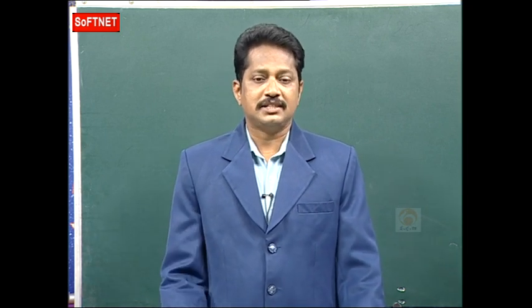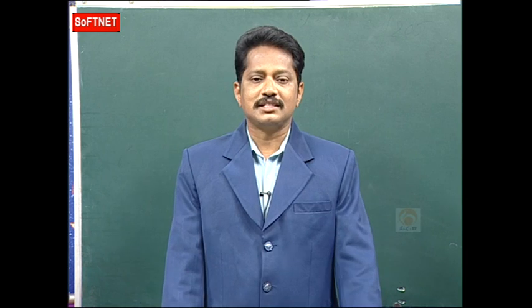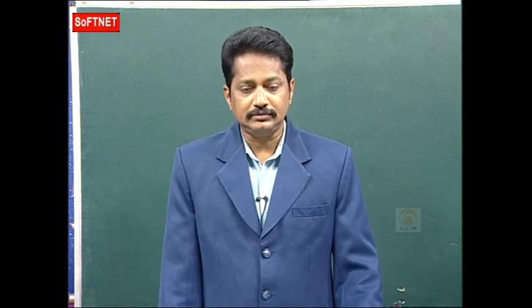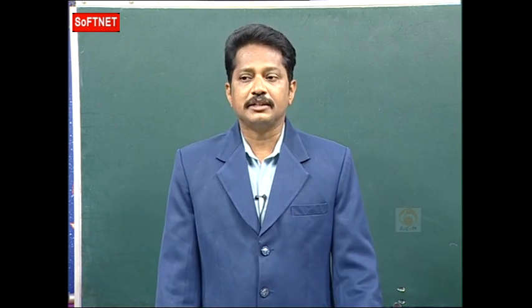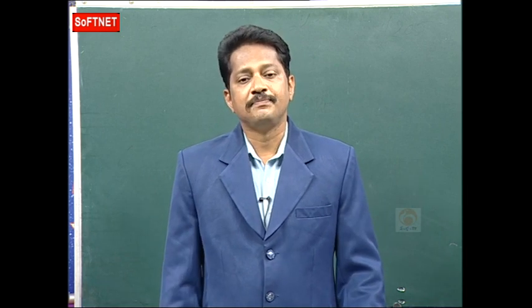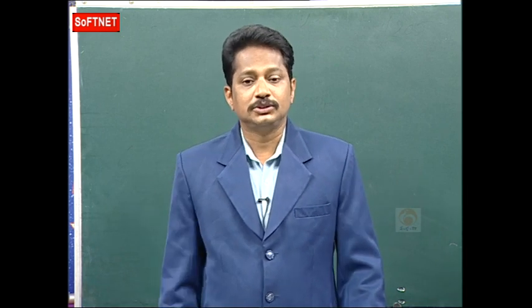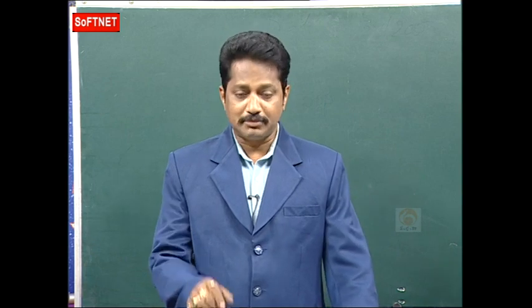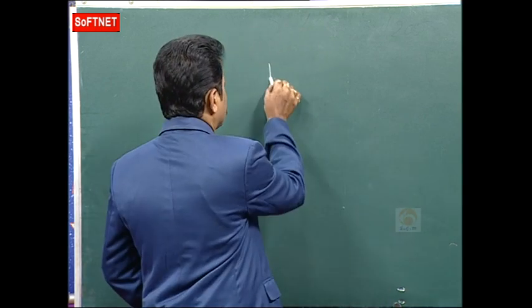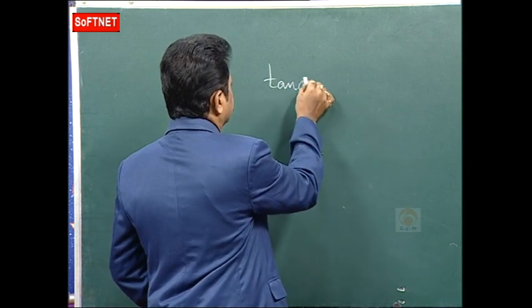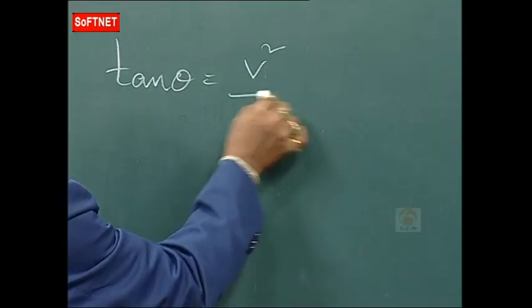Very, very important is the angle of banking. The angle of banking applies when a body travels on a curved path. The formula you know, which is very important, is tan theta equal to v square by r g.